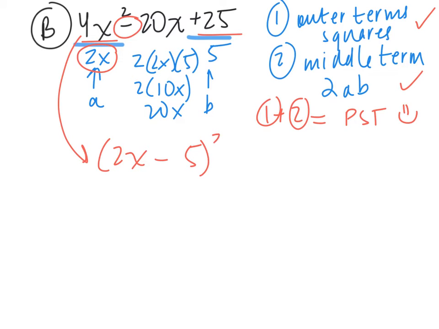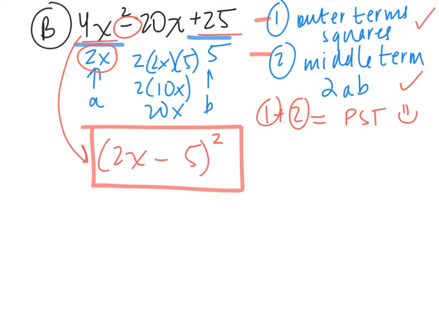Negative. And that's it. And that is the factored form of 4x squared minus 20x plus 25. So much easier than doing a times c adding up to b. Again, this only works if 1 and 2 hold. Okay, so just check that out. If it does hold, then you have a PST.